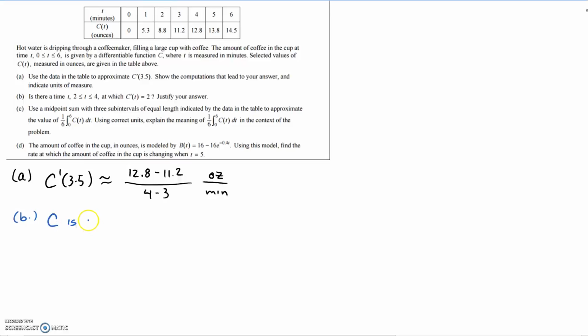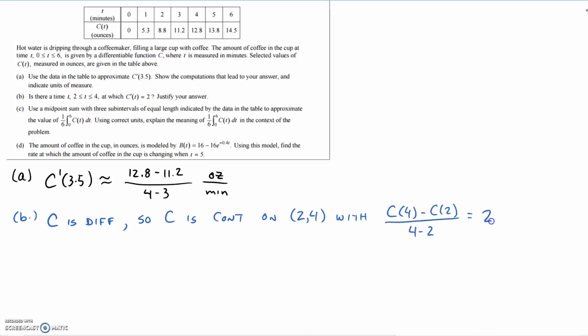So C is continuous on the interval from 2 to 4, with C of 4 minus C of 2 over 4 minus 2 equal to 2. So there's our slope of our secant equal to 2 for that interval.